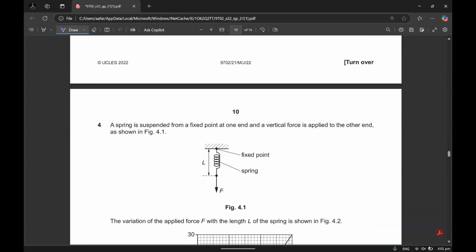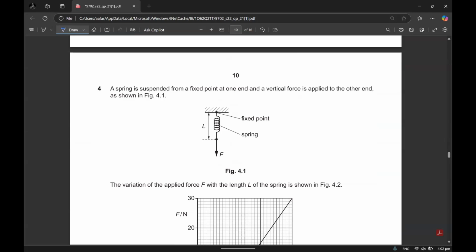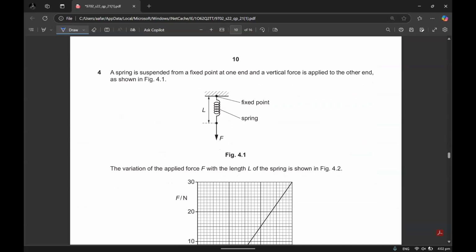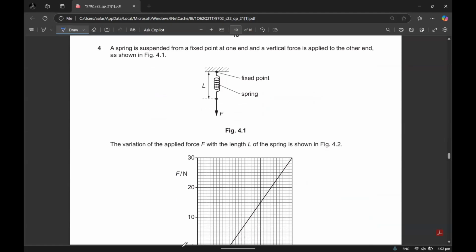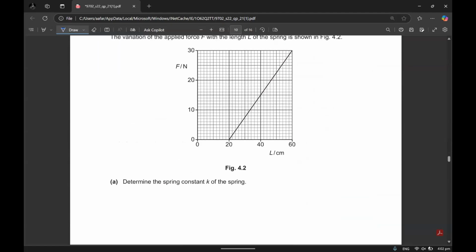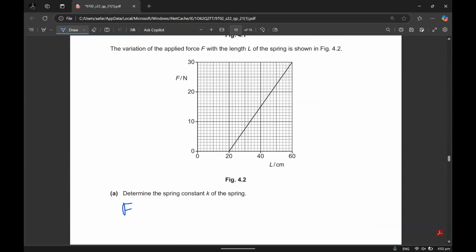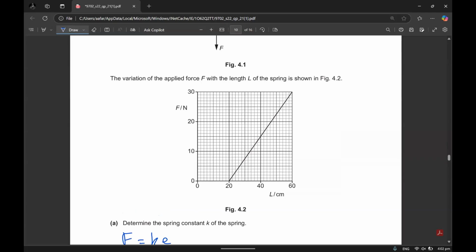Okay, next question. A spring is suspended from a fixed point at one end and a vertical force is applied to the other end, as shown in figure 4.1. The variation of the applied force F with the length L of the spring is shown in figure 4.2. Determine the spring constant of the spring. You know that force is equal to spring constant into extension.